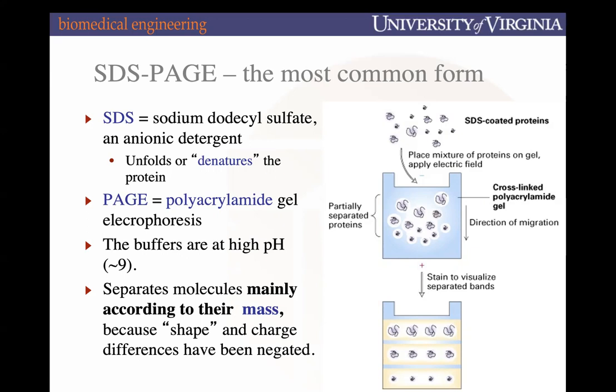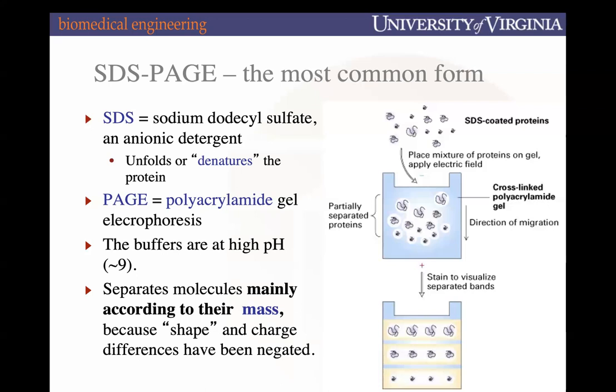Typically you'll have one SDS molecule for every 2 amino acids. The benefit of bombarding it with a negative charge is that now it can flow with the electric current towards the positive end. So that helps draw it down. But what we're doing here now is we're not separating it based on charge, because everything is going to have a negative charge now. So with SDS-PAGE, the key thing to note is we're going to be separating it strictly by its size, or strictly by its mass.